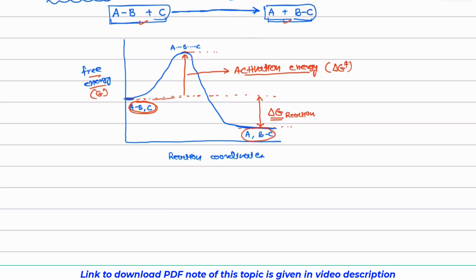See what the enzyme does. Enzyme simply brings down this activation energy, right? So this green line represents the same reaction catalyzed by the enzyme, and what does the enzyme do? Enzyme brings down the activation energy. So the new graph, which is represented by the green line, looks like this.